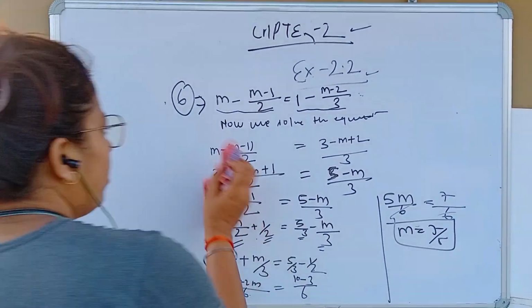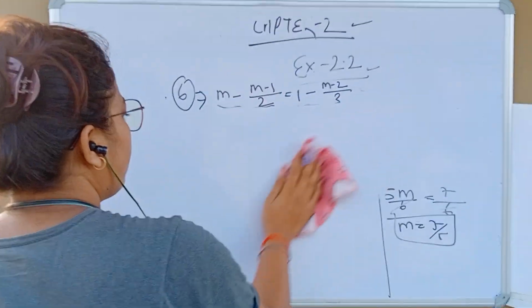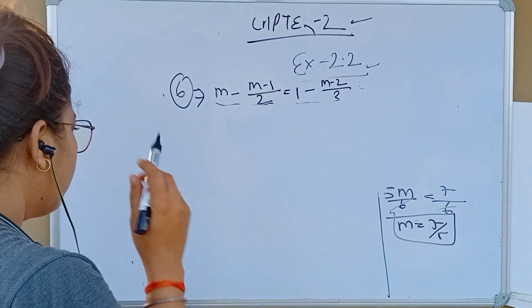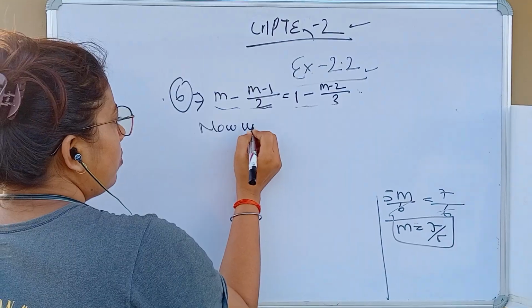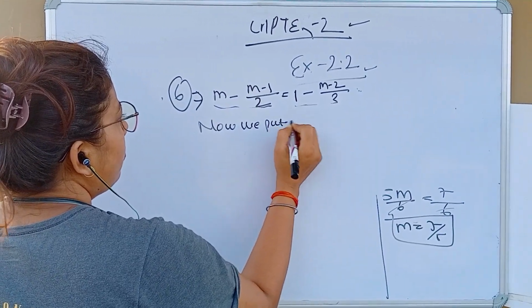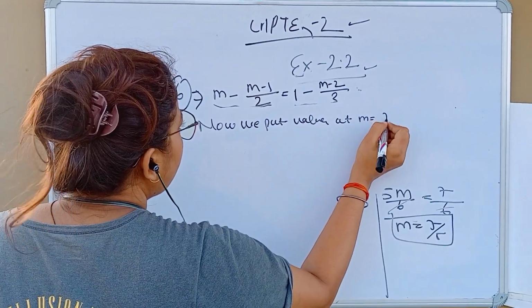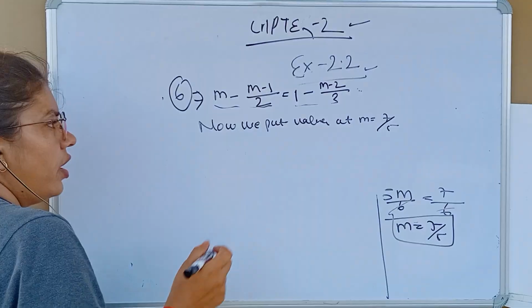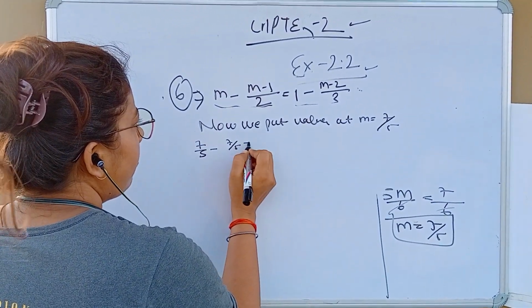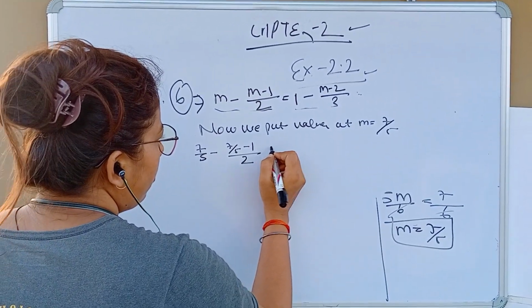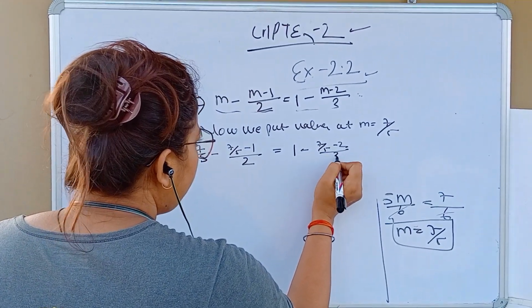So now we put the value m is equal to 7 by 5: 7 by 5 minus 1 divided by 2 is equal to 1 minus (7 by 5 minus 2) divided by 3.